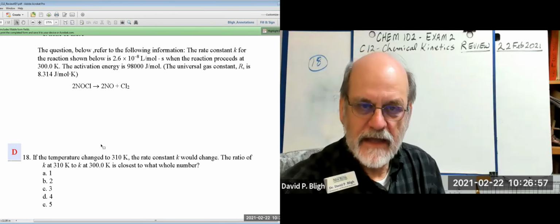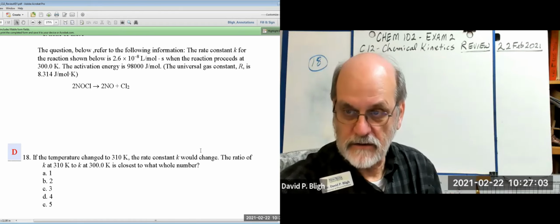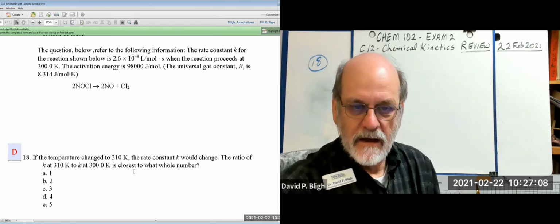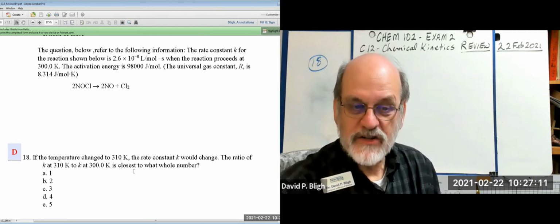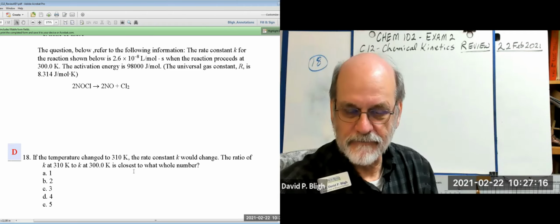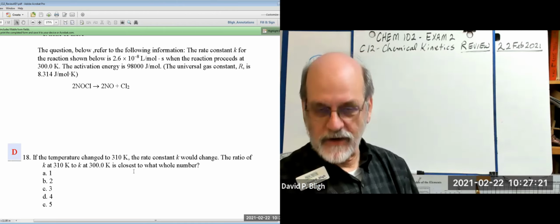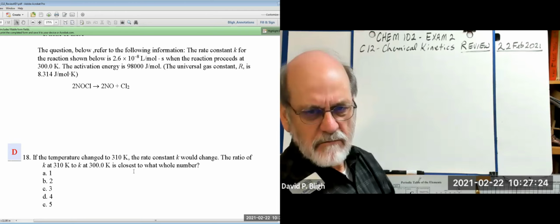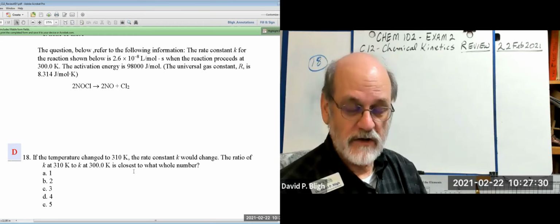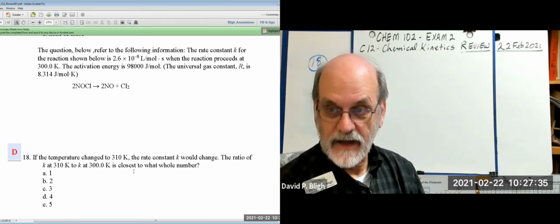Then the problem is, if we change the temperature from 300 to 310, the rate constant would change, right? I mean, that's axiomatic. What we're looking for is the ratio of the K values at these two different temperatures and estimated to the nearest whole number, right? Okay, so now let's say which Arrhenius equation are we going to need? Well, the one that has a ratio of K2 to K1, and that's the integrated one.